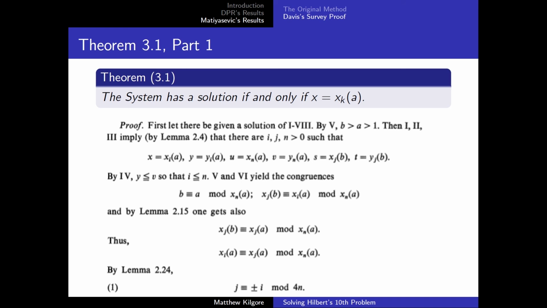Now I know this just says that the x_n's and y_n's in numerator are the solutions. Now by 4, y is also equal to v, so i is also equal to n.